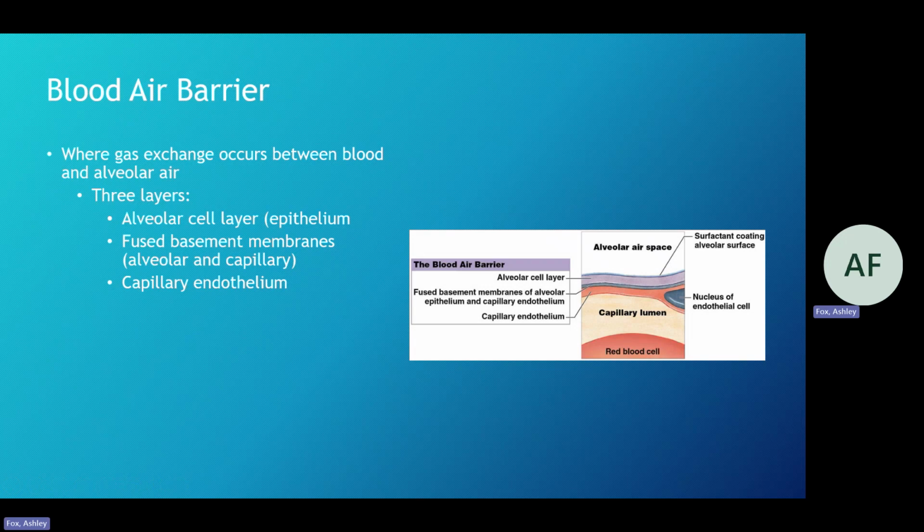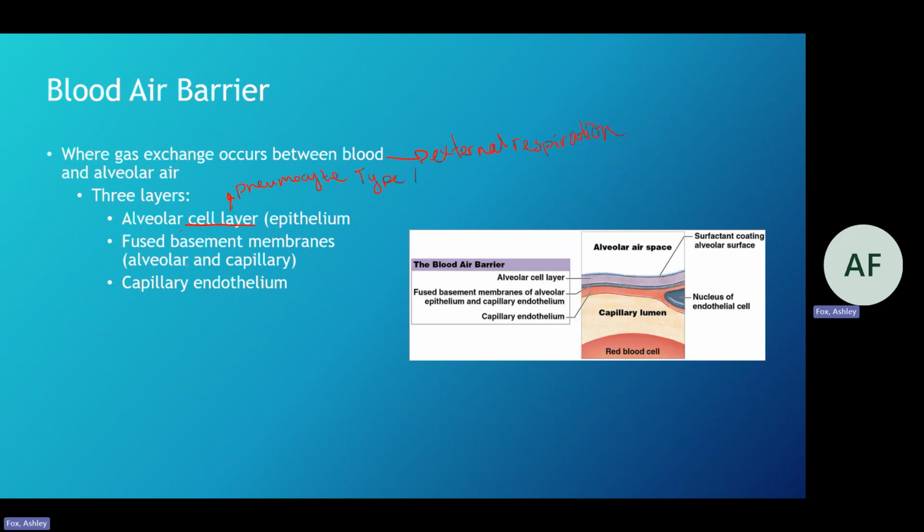The blood-air barrier is where gas exchange happens between the blood and alveolar air. So again, external respiration. There are 3 layers. We have the alveolar cell layer, made up mainly of our pneumocytes type 1. We have fused basement membrane.